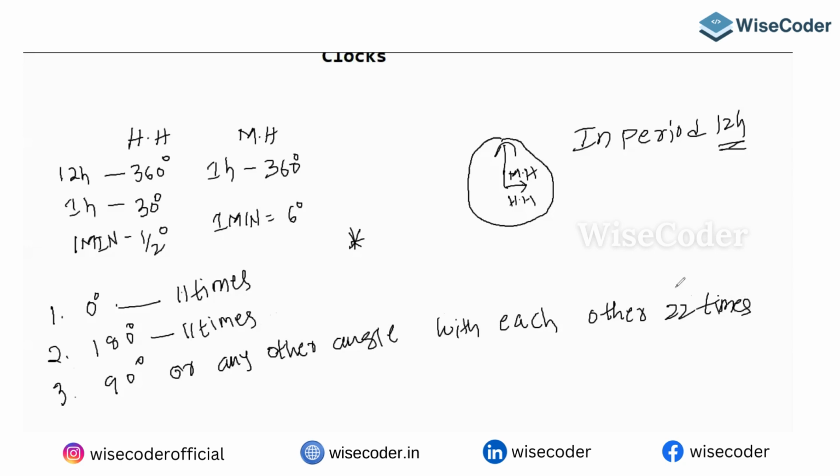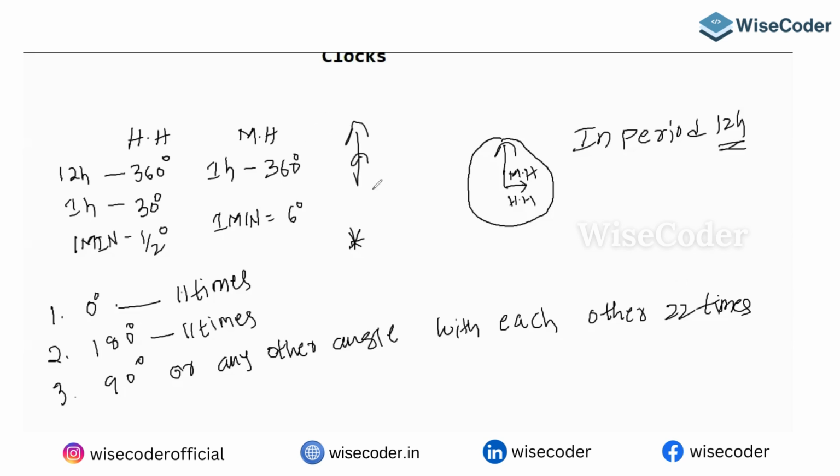Always remember, 0 degrees means coincide, and will be 11 times; 90 degrees or any other angle will be 22 times. This is all about the minute hand and the hour hand.